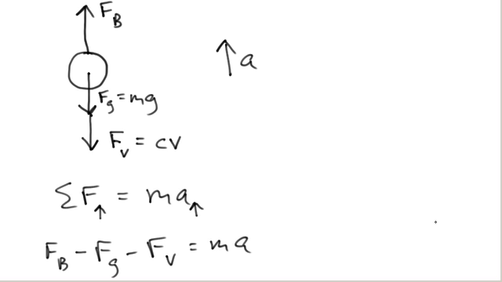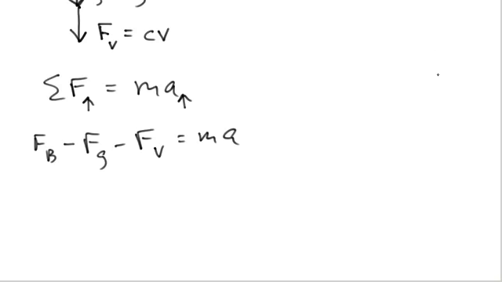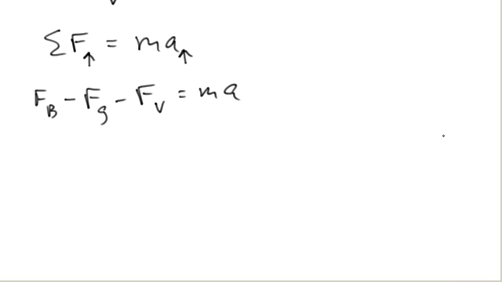The buoyant force. This thing is totally submerged. So the buoyant force is going to be the mass of the displaced water times g. By Archimedes' principle, it's just the weight of the displaced fluid, which will be the mass of the displaced fluid.